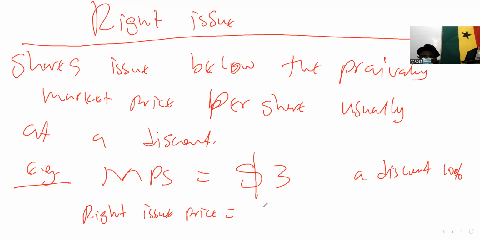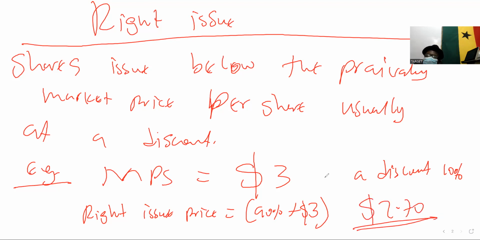Yes, 2.7. Good. So just take 90% of that $3, or just find 10% and subtract. So you get $2.7. So long as the shares are issued below $3, it's a right issue. Simple as that.